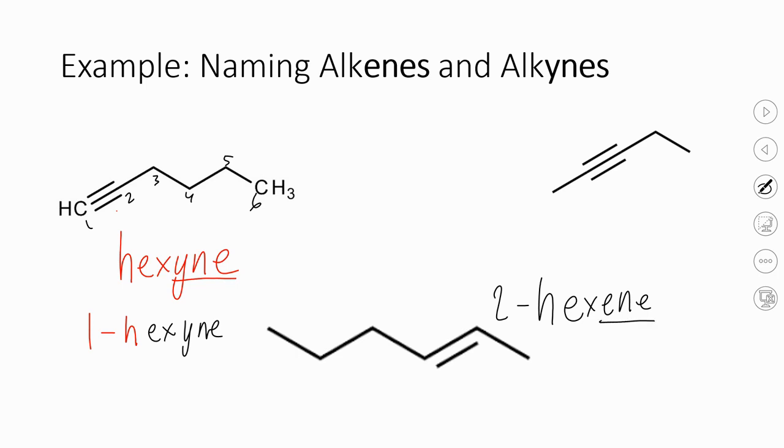Ene because it's a double bond. And then this last one, what's this one? 2 pentyne. Good, because we have 1, 2, 3, 4, 5 carbons there. Okay, does that make sense?